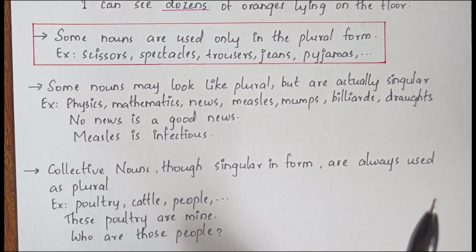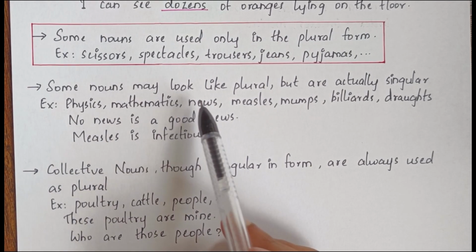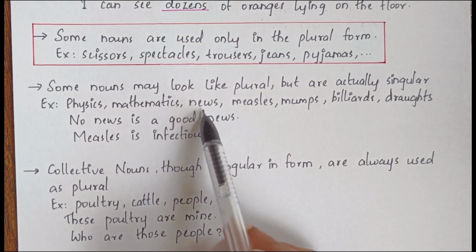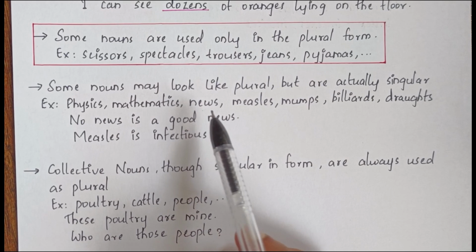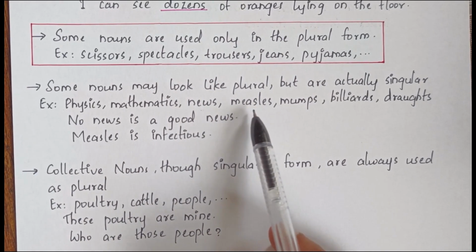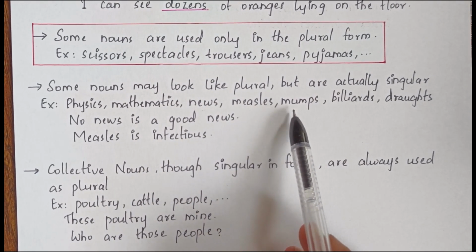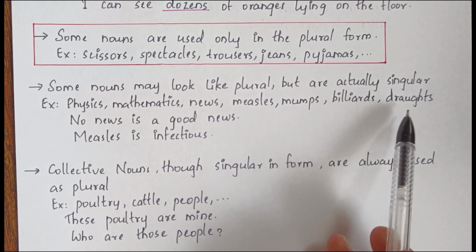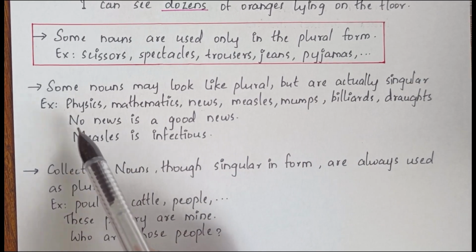And the word news, it's always a singular one. It's not plural. Then the names of some diseases like measles, mumps, names of games like billiards, draughts, etc.